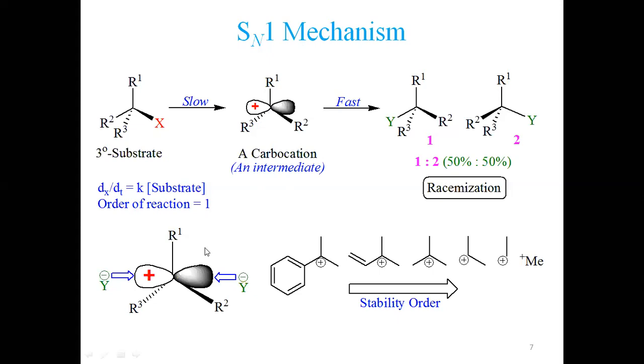So diagrammatically I have presented that this is the carbocation, a tertiary carbocation, in which this bond is along the board, or this screen. R2 is above the plane, R3 is behind the plane, and this orbital is also along the plane. So the nucleophile has two possibilities.